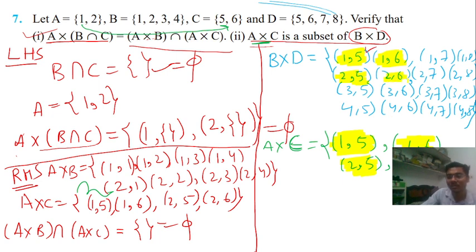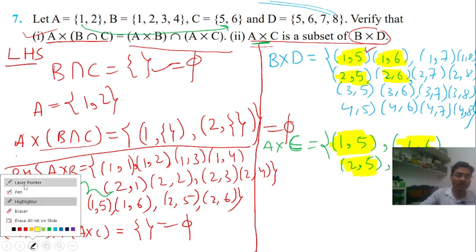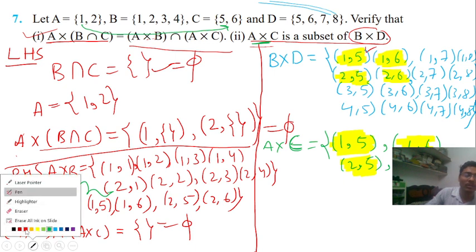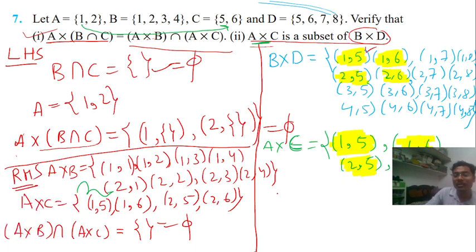So we get 2 comma 6. As you can see from above, all the elements of the A cross C set are present in the elements of B cross D. So A cross C is a subset of B cross D.